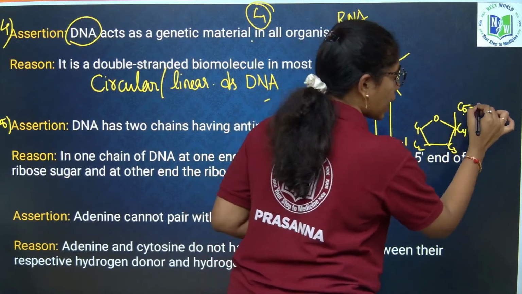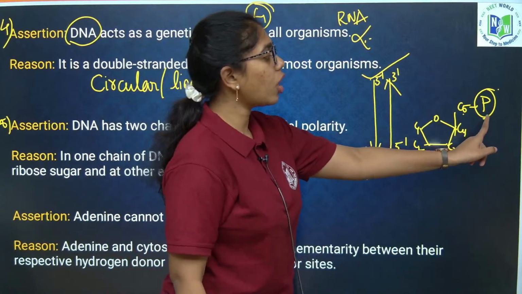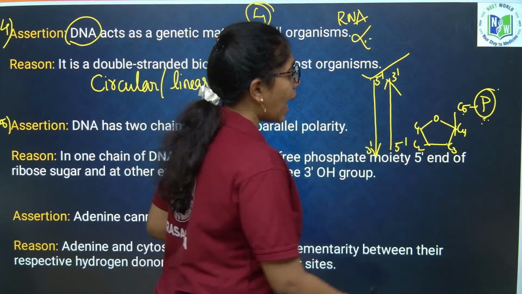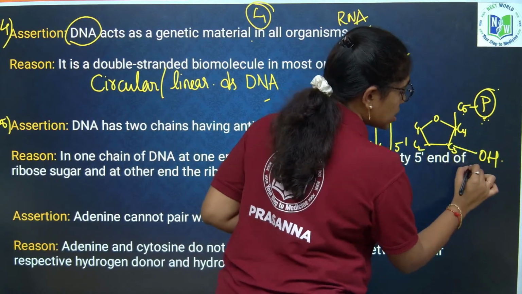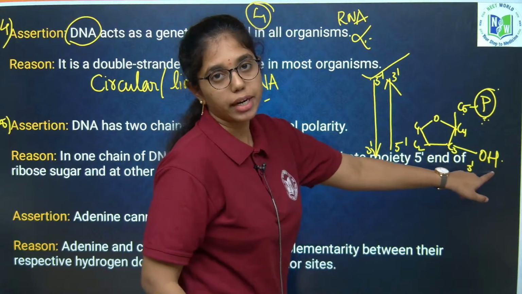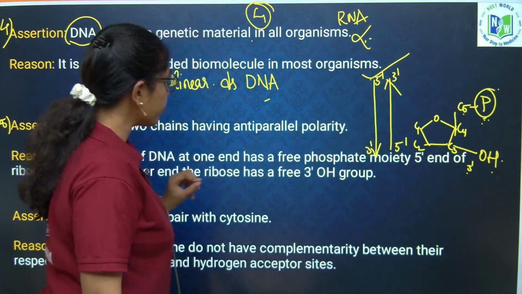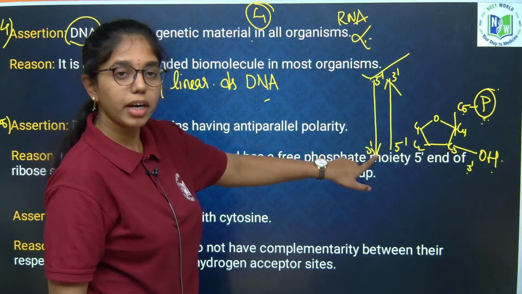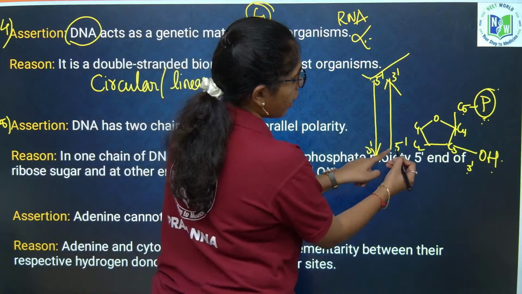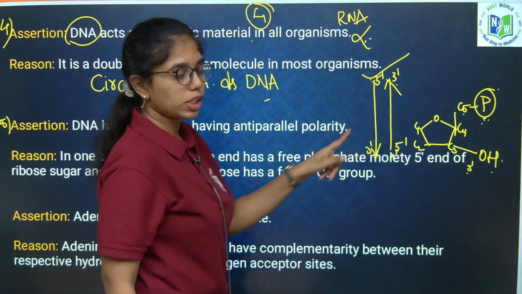At the 5th carbon, a phosphate group is attached, which we call the 5 prime end. And at the 3 prime end, there is an OH group present. This gives the 3 prime end of the double stranded DNA chain. Clear? So at the 5 prime end a phosphate group will be there, and at the 3 prime end an OH group will be there.